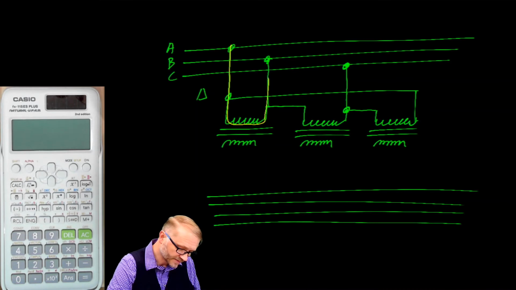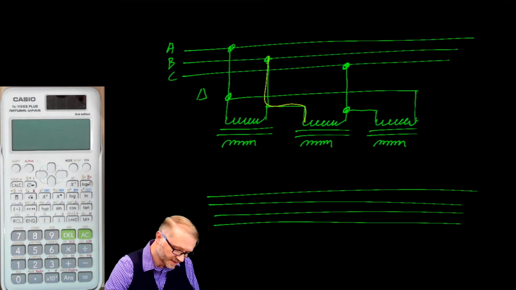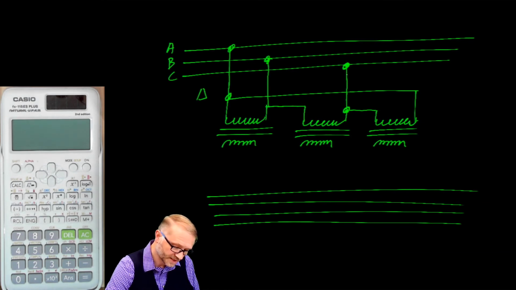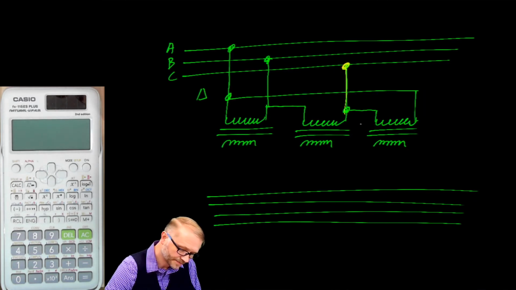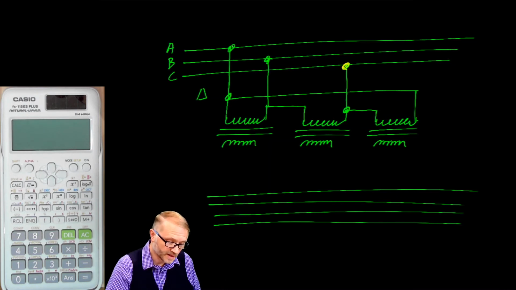This is our first transformer. It's connected up A to B. Our second transformer is connected up as B to C. And our third transformer is connected up C to A. Again, starting at C, going through this loop back to A. We can do a similar thing on the Y connection.